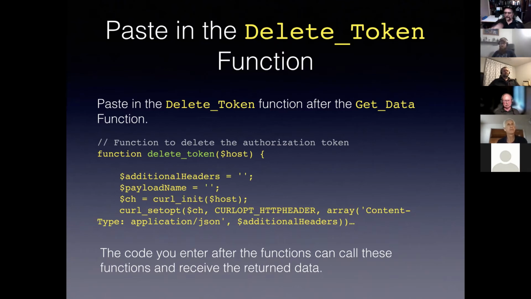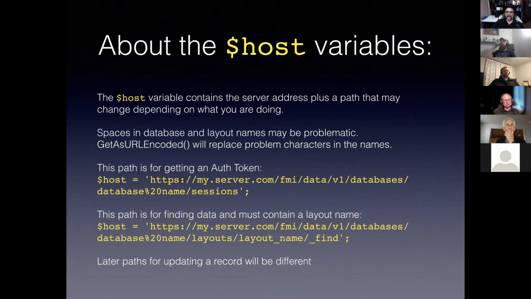So you would paste those 3 functions in your code. This is before we've even tried to put anything on the page. The host variable, just as with using the FileMaker Data API in FileMaker, there's slightly different forms of URL that you would use depending on what you're doing. Like the get token URL ends in /sessions.